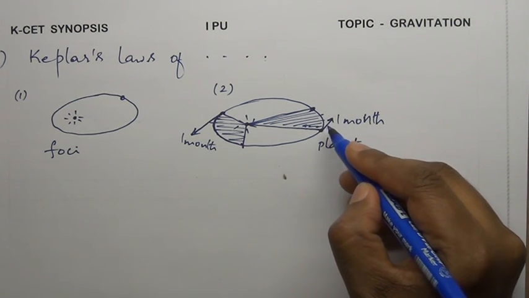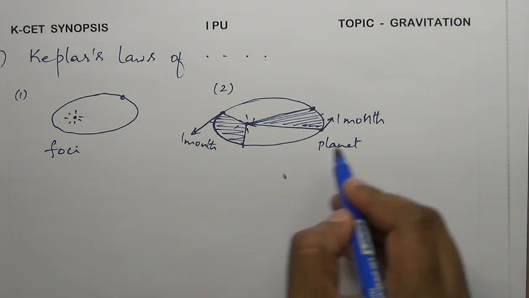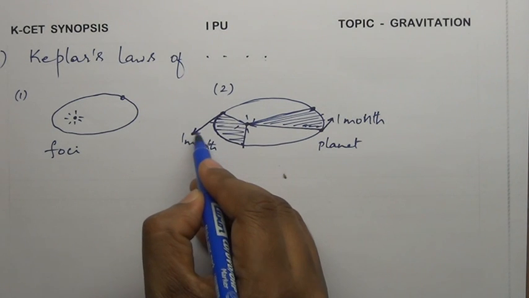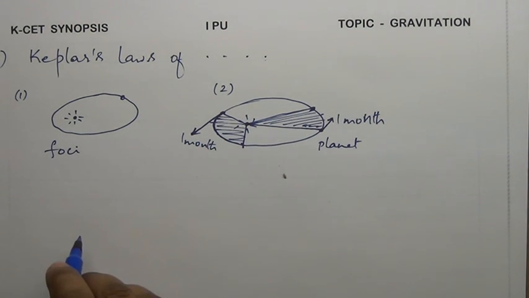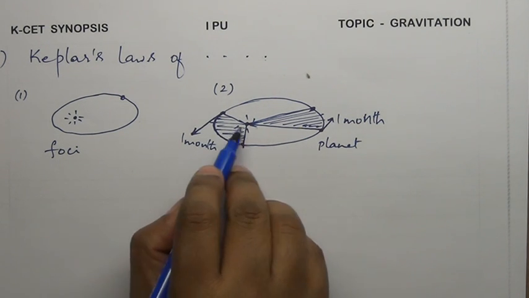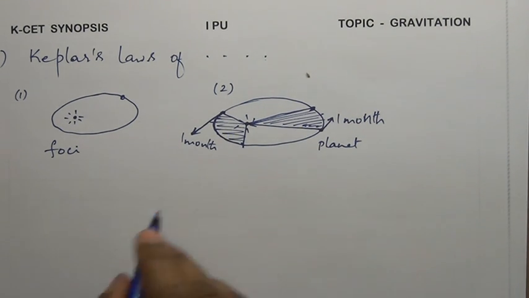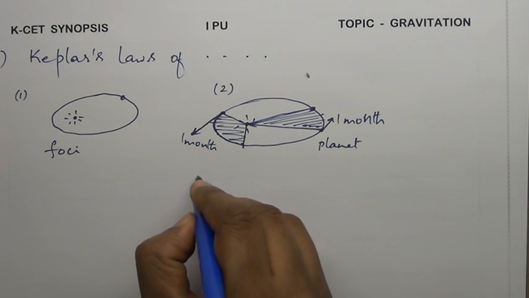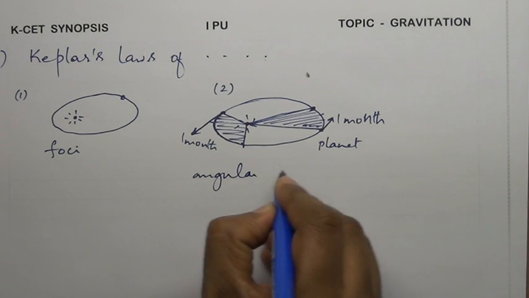Here magnitude is less, therefore a shorter vector. Here magnitude is more, that is why it is shown by this longer vector. So the imaginary line sweeps equal areas in equal intervals of time. This is due to the law of conservation of angular momentum.